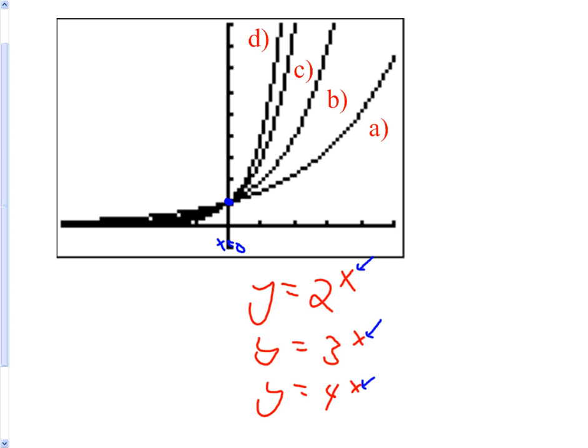Unless we multiply our function by something. Let's say we multiplied our function by 2 in front, or by 3 in front, or by 4 in front. Then this part would turn into 1, this part would turn into 1, this part would turn into 1, but my answer would still be 2 times that, or 3 times that. That's why this number in front is really the y-intercept.